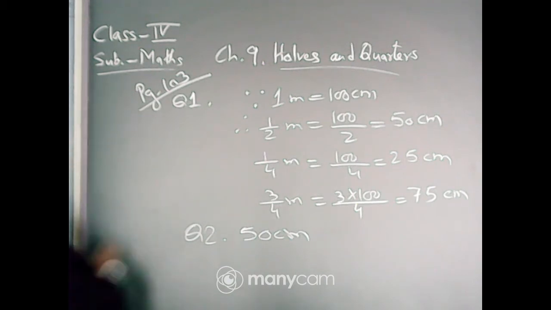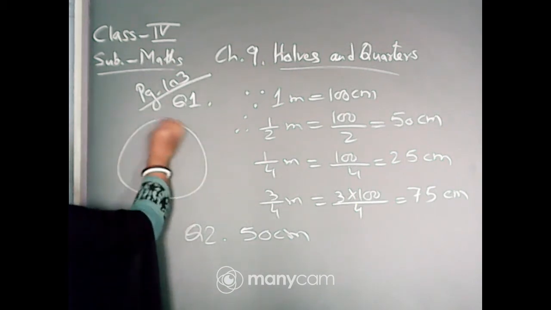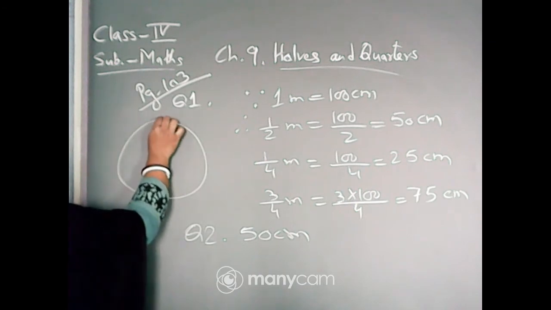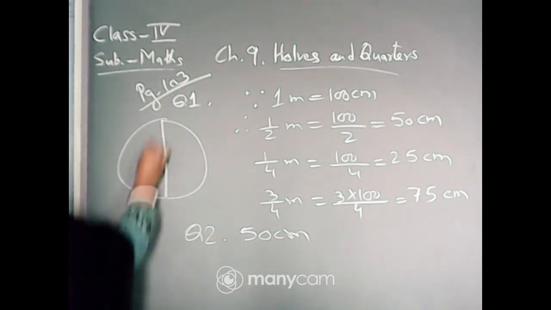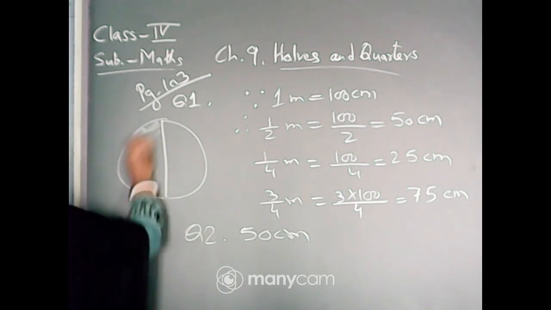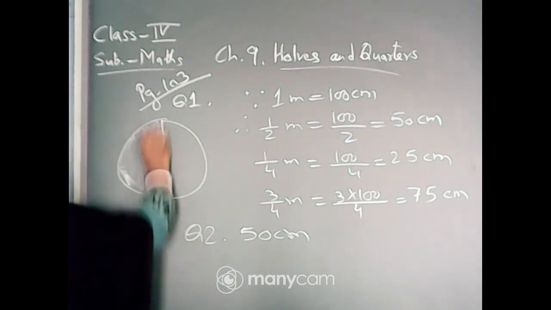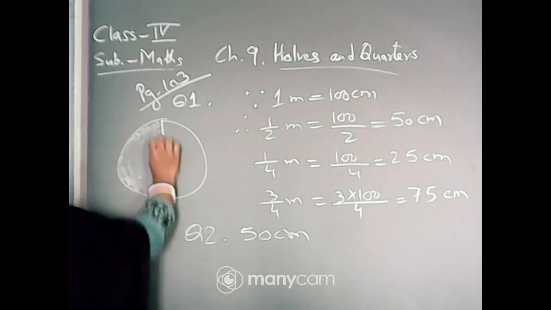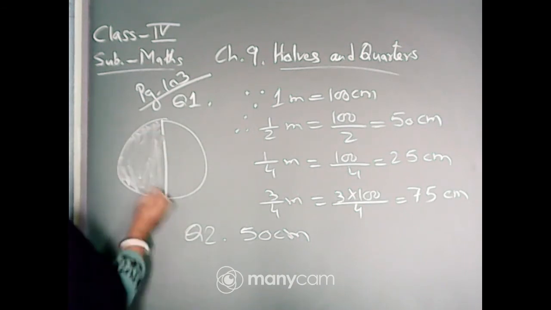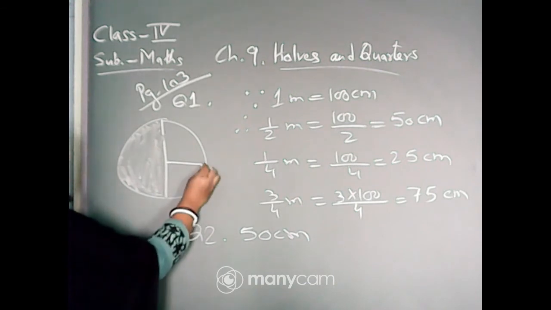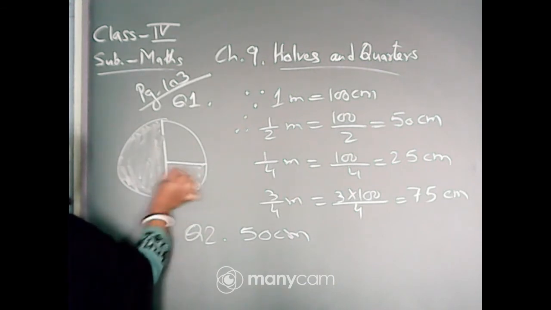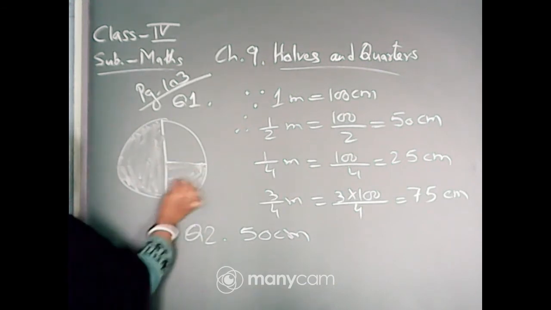See, suppose I'm drawing one line. Now half, that means 1 by 2. This is the half portion. So it is 1 by 2, isn't it? Now I am taking 1/4. 1/4 means this half I am taking. So this half is also 1/4, isn't it?